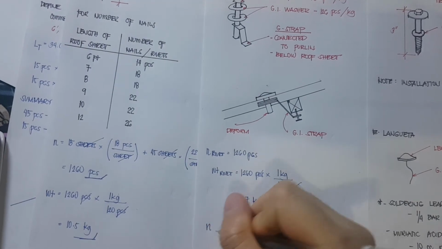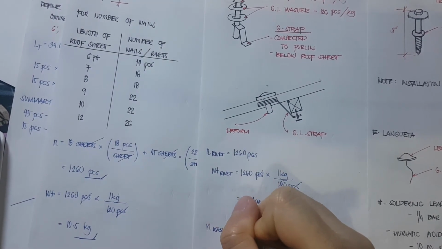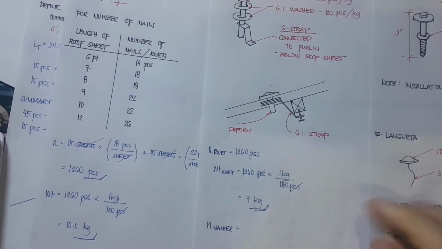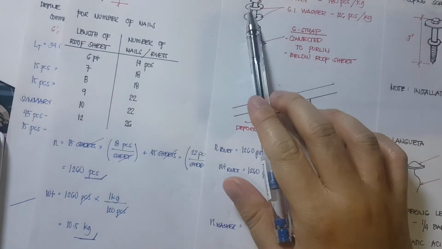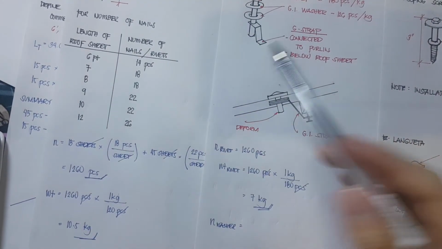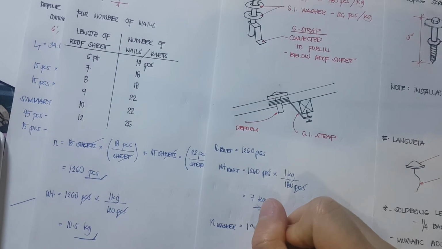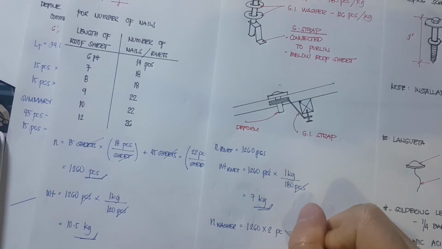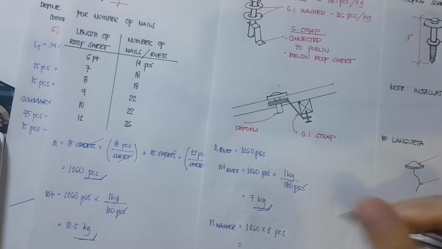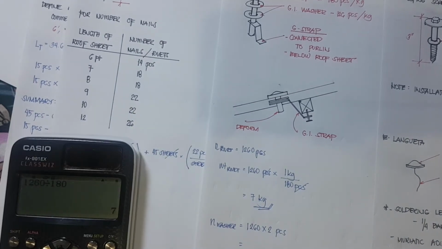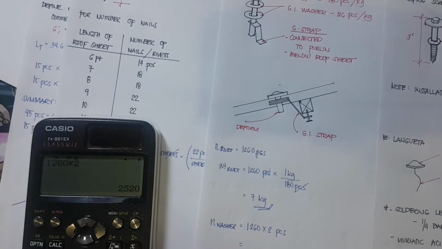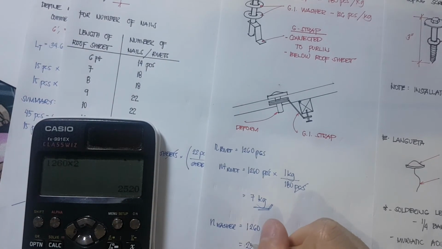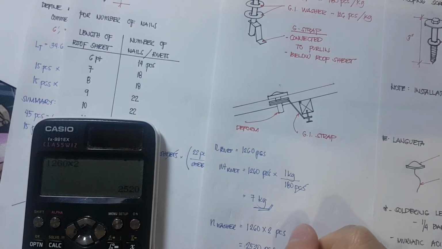Next, for the washer. For the number of washer, it would be twice because you'll be having 2 washers. So, we have 1,260 times 2 pieces. And that is equivalent to 2,520 pieces.